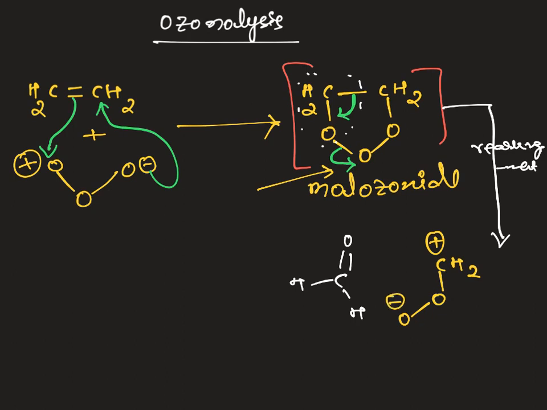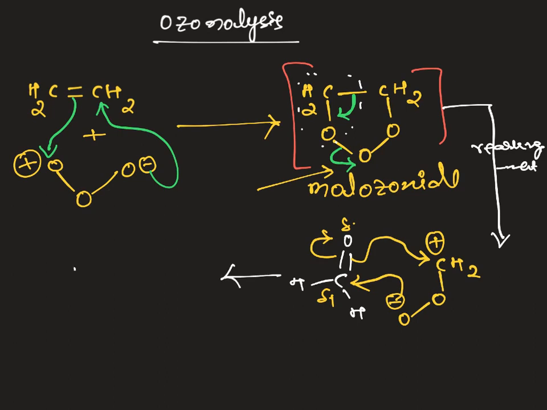You can see clearly that carbonyl compounds undergo addition reactions. The bond polarization takes place such that carbon gets a positive charge and oxygen gets a negative charge. This negative oxygen will attack at this carbon, and the other negative oxygen will attack at this carbon, such that it forms ozonide.